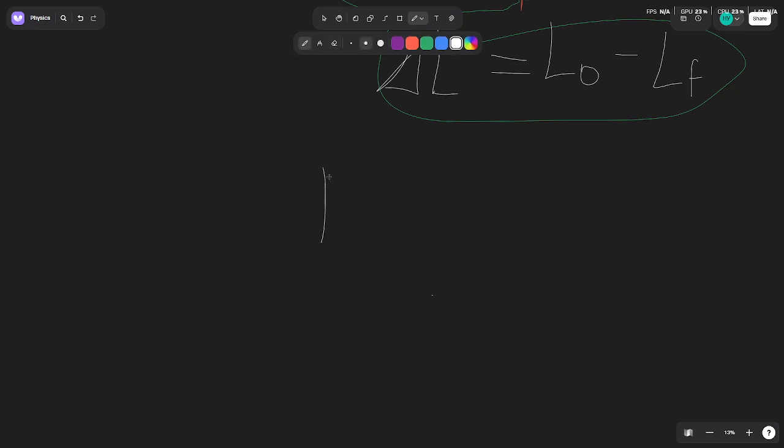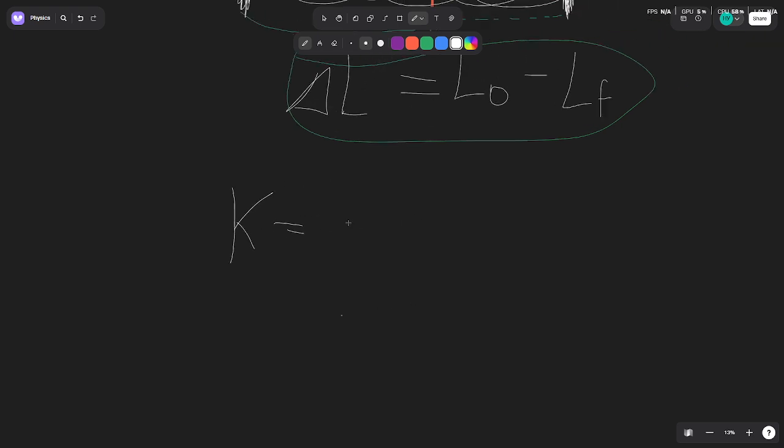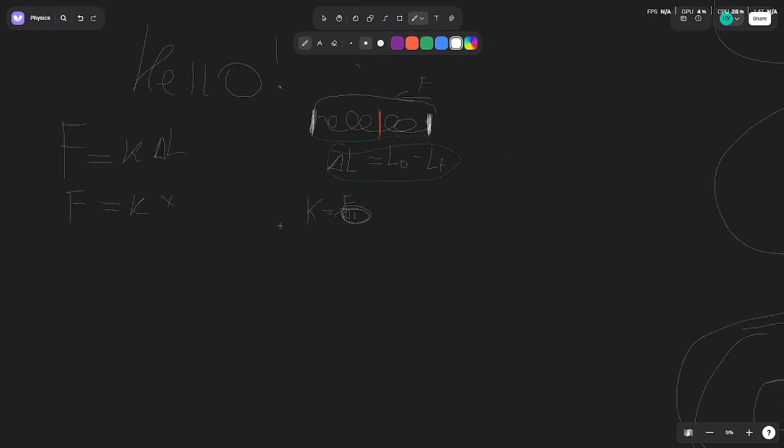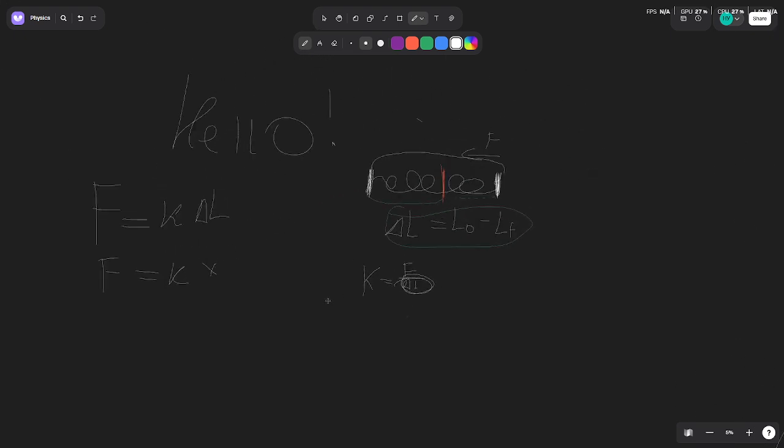So the K equals F divided by X, or by delta L. This is not a big matter. I used to use this thing, delta L. So basically, this is all you need to know on high school level.